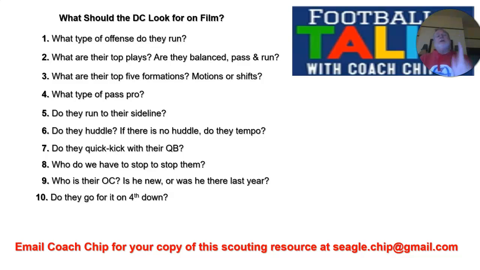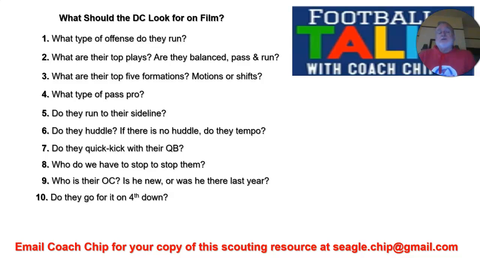Now, why is this a big deal? Because 3rd and 6 at midfield now becomes 2nd and 6 versus a team that goes for it on 4th down. 3rd and 6 is normally throw the ball down, okay, or run a running play outside. That's one of your best plays that can get you 6-7 yards.